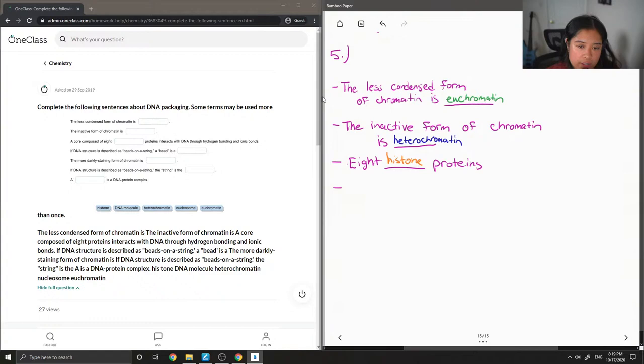If DNA structure is described as beads on a string, a bead is a blank. The answer for this one is a nucleosome.